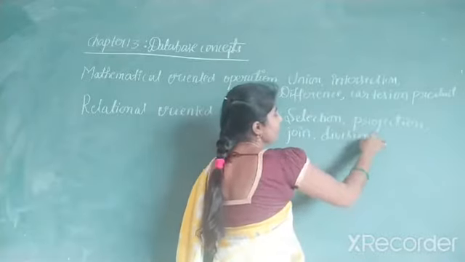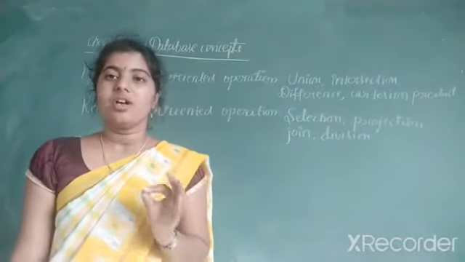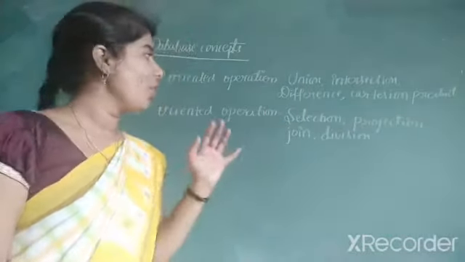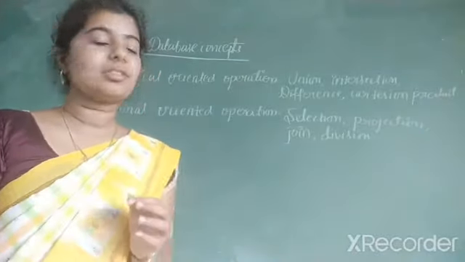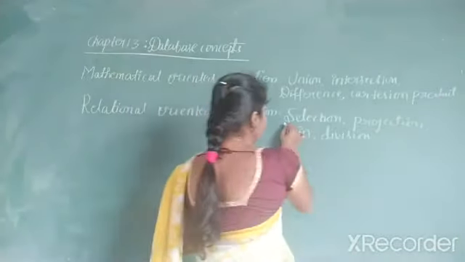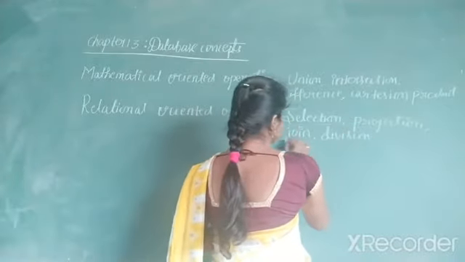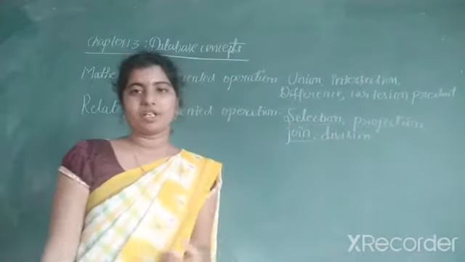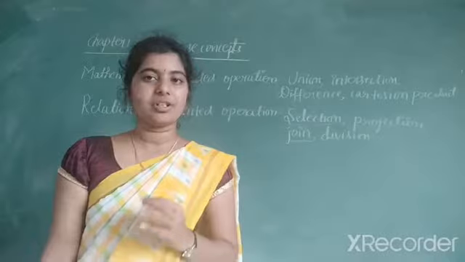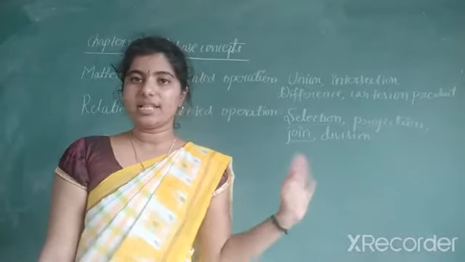So these are the different operations which come under the relational oriented operations. In this class, we are going to study the selection, projection and join operations. The division operation is not included in our syllabus.